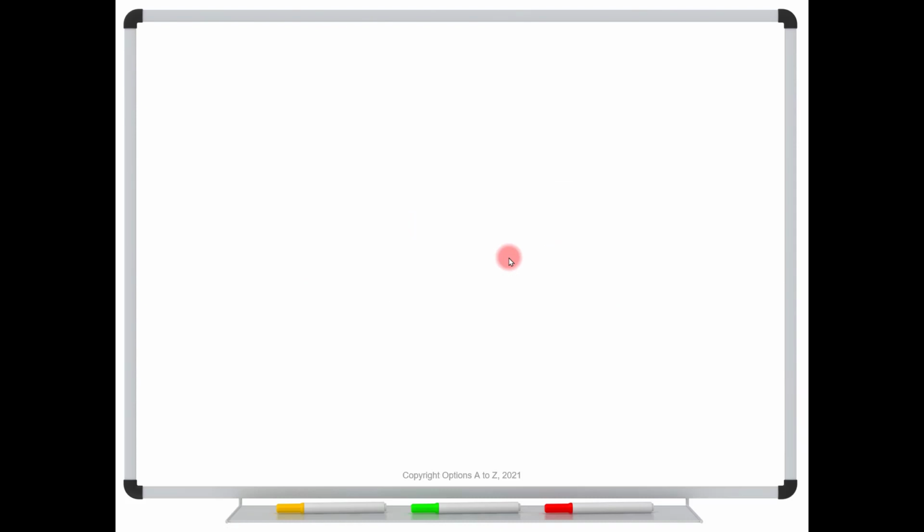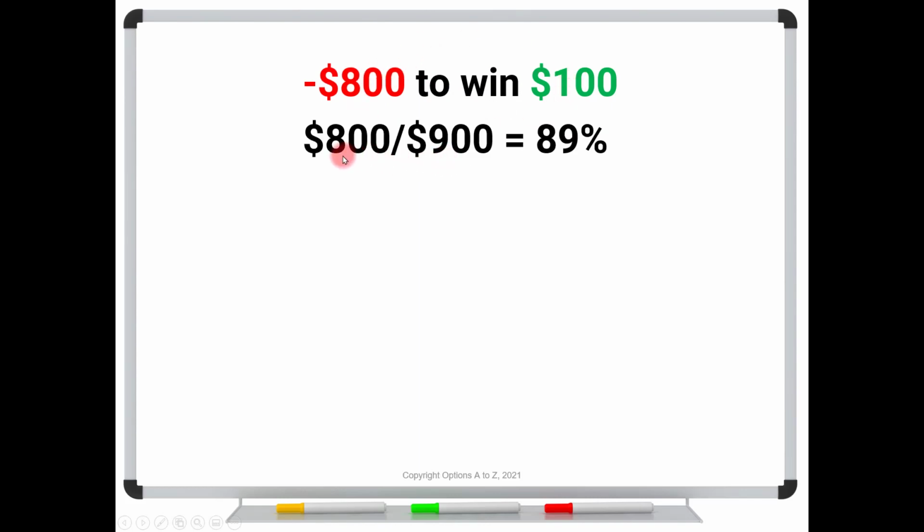So how big is this edge? Well, let's again start with the first one, spending 800 to win 100. Mathematically, if you are spending 800 to win 100 and it's a fairly valued game, the implied probability is this number divided by the total. It's just 8 to 1 odds in your favor. So the implied probability is 800 over 900, or about 89%. Sometimes you'll hear this called the break-even percentage.